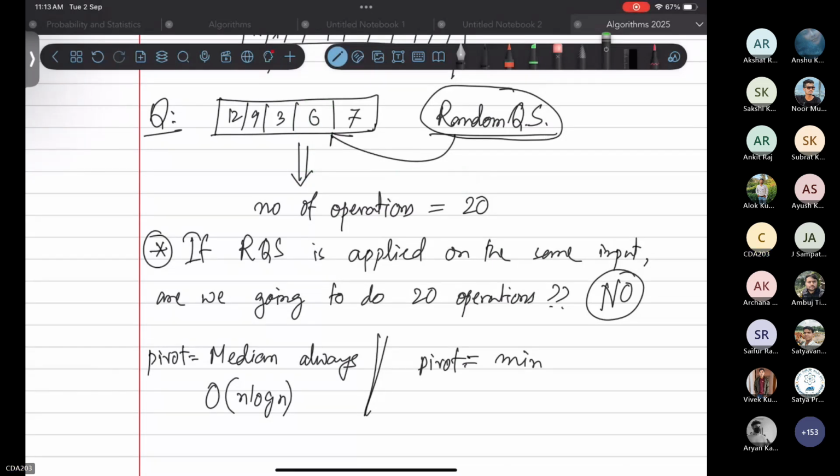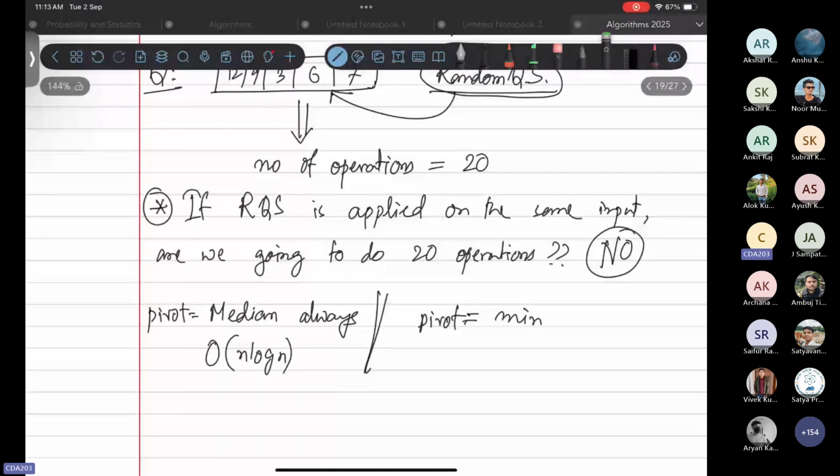The exact number of operations on a specific input will fluctuate.